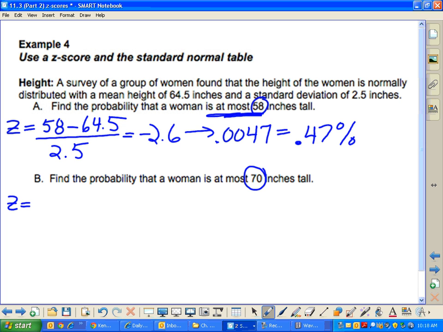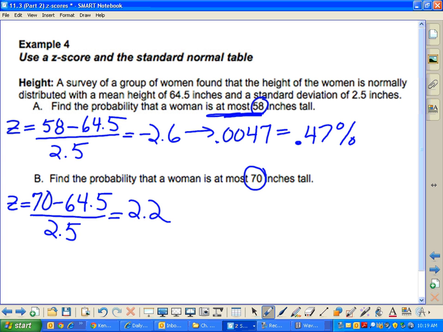And to find a percent, you have to find a z-score. If they give you the z-score, you can look up the percent. So take my data value, subtract my mean, divide by my standard deviation. And when I ran the numbers on this one this morning, I got 2.2.